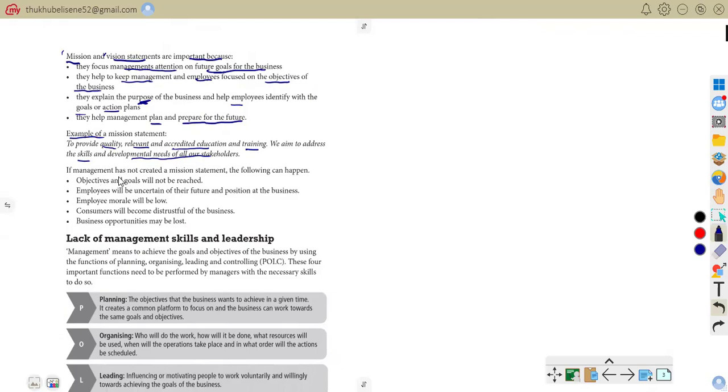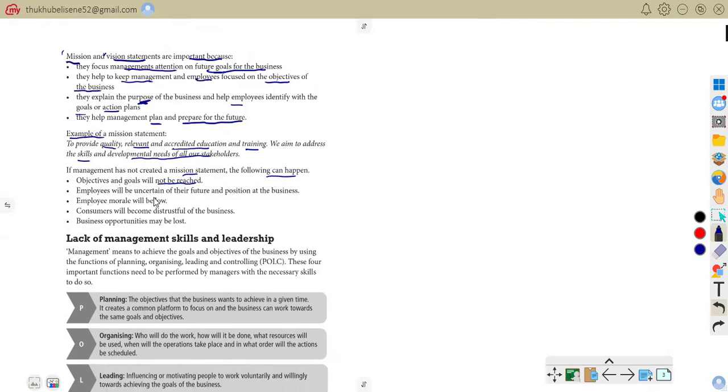If a manager has not created a mission statement, objectives and goals may not be reached. If there is no mission, the goals of the organization are not going to be reached.